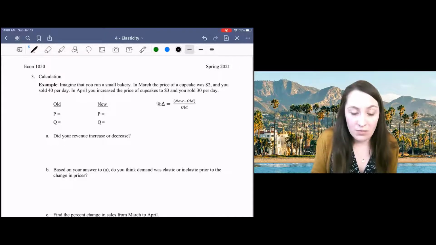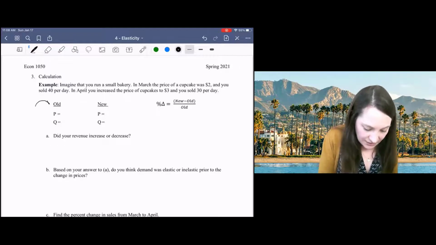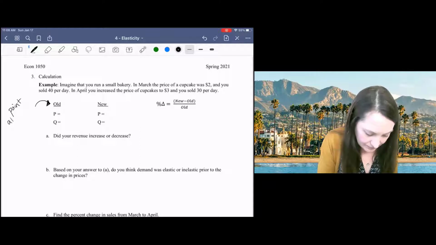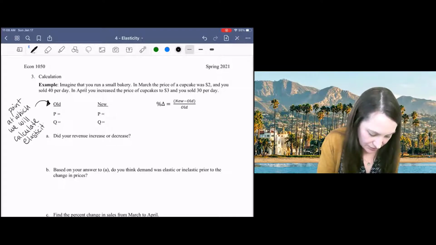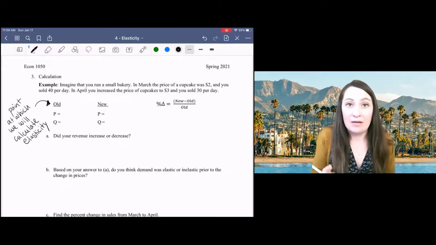The old point will always be the point at which we would like to calculate elasticity. And the problems will always be structured so that we move from one point to another point along the demand curve.